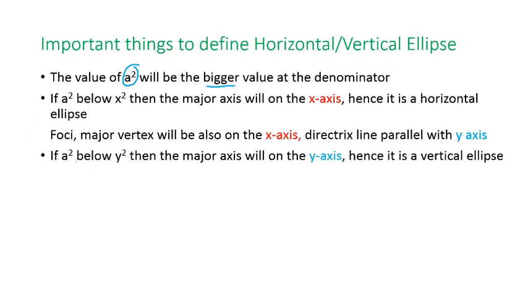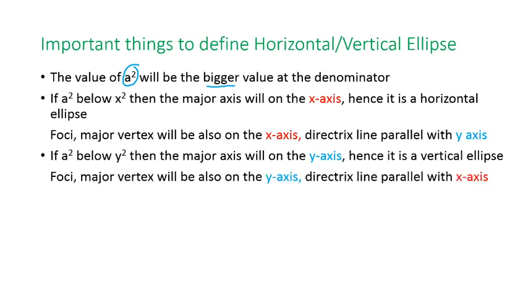If a squared is below y squared, then the major axis will be on the y-axis. Hence, it is a vertical ellipse. Then vice versa, the foci and major vertex will also be on the y-axis, while the directrix line will be parallel with the x-axis. So here, x and y are always opposite for the directrix line.